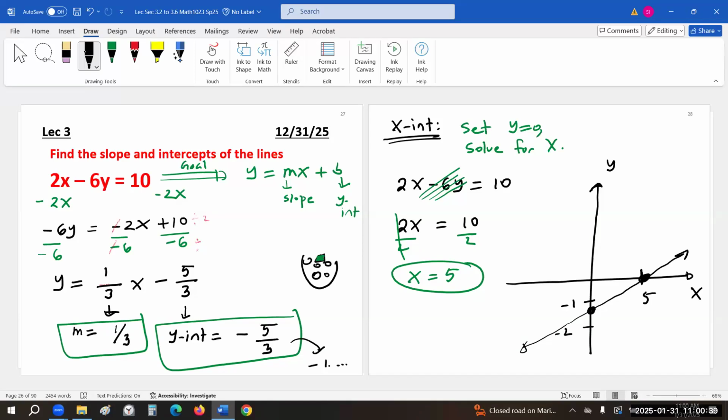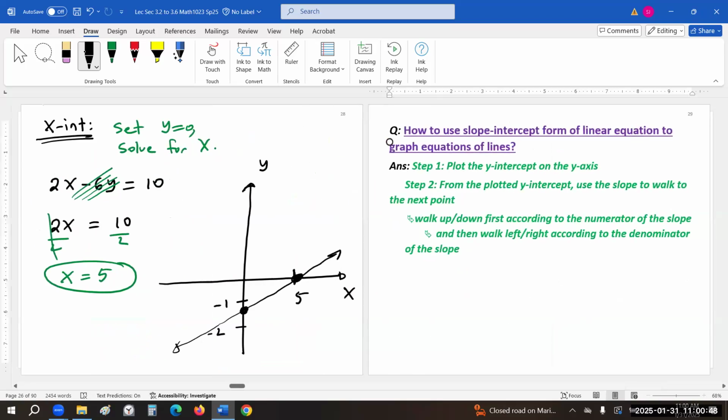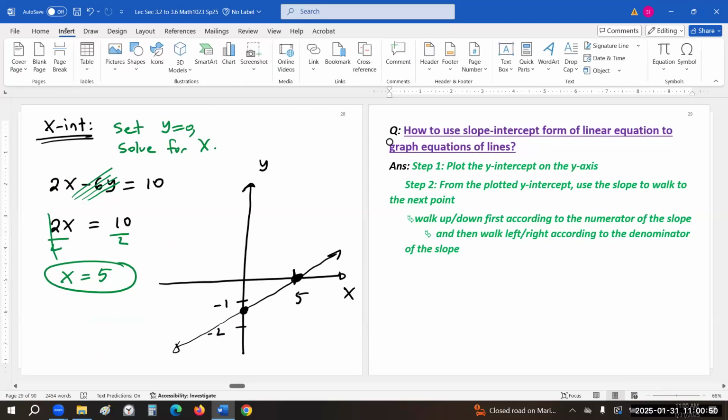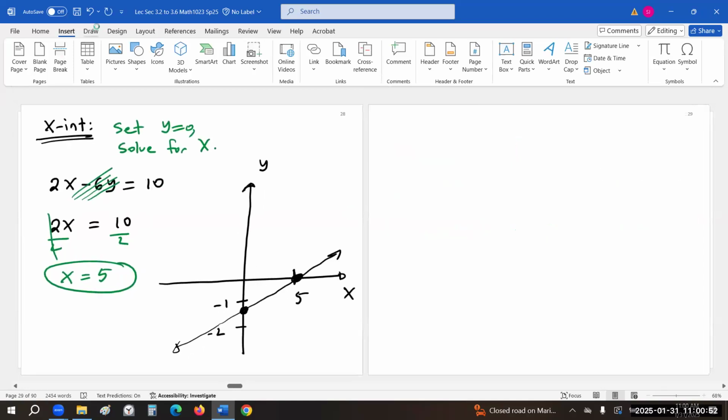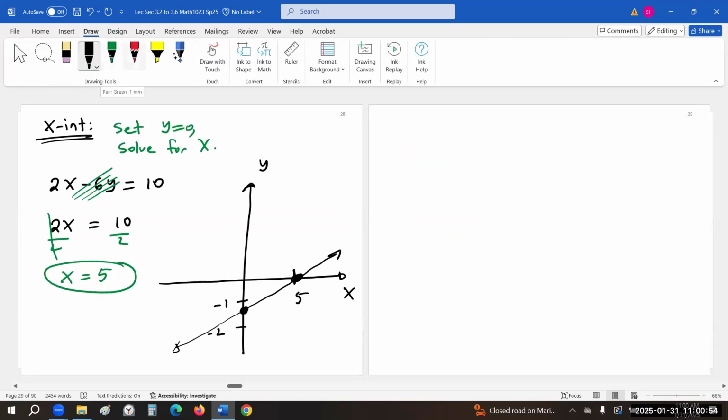Question. One more of what? Similar equation. Okay. Let's say we have 2x minus 3y equals 8.